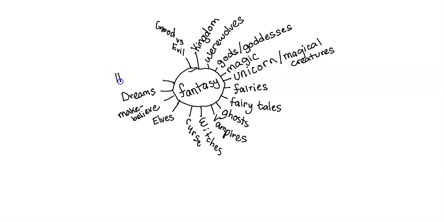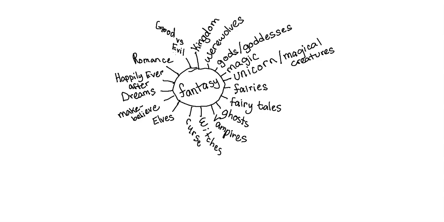The happily ever after ending. Maybe there might be some romance. Anyway, as you could see, when it comes to naming things that go with the genre, there could be many different things. It's up to you how few or how many things you want to include.